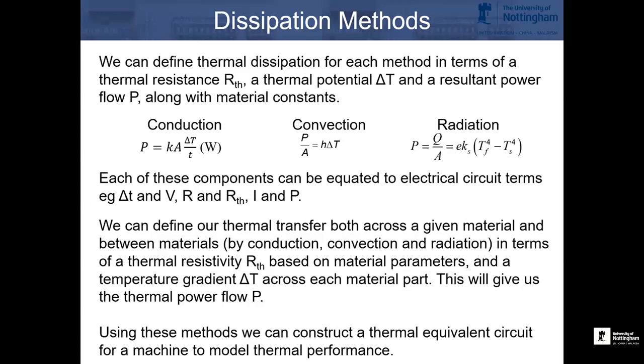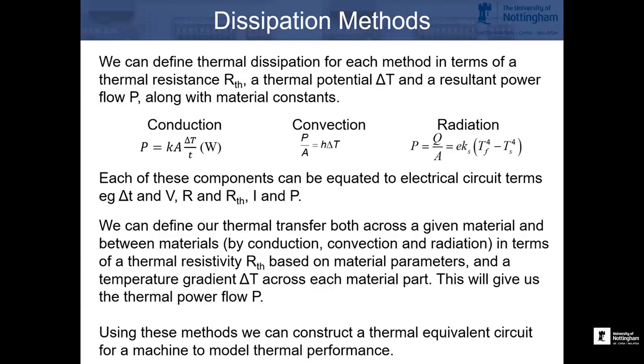So what this means is that each of these components can be equated to electrical circuit terms. Just like we could handle magnetic circuits, we can do thermal circuits the same way. Our delta T equates to our voltage, so thermal potential equates to electrical potential. Our thermal resistance equates to electrical resistance, and our thermal power flow relates to current.